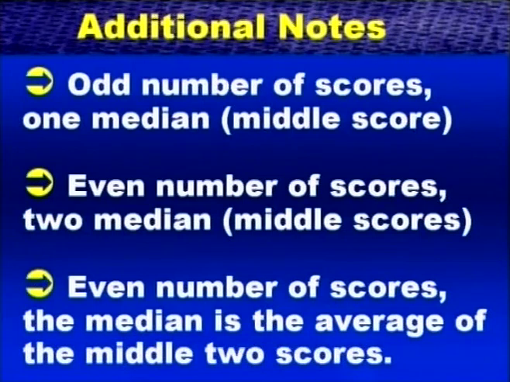When you come across an odd number of data, you must always remember that there is always 1 middle score. Like Michael's score, there are 9 scores, and there was 1 middle score only. So odd number of scores, there is always 1 median or 1 middle score.